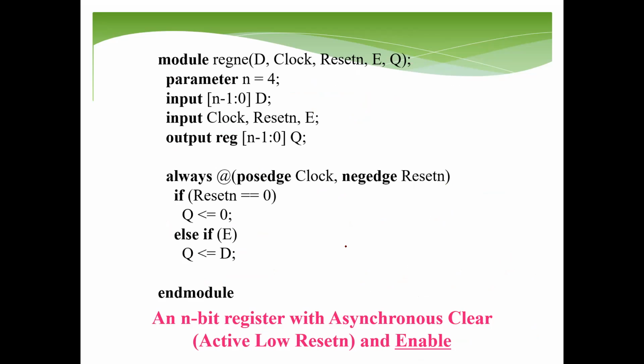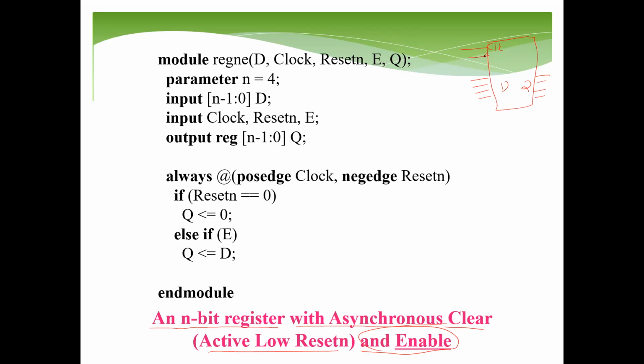Okay, what do we have here? We have an n-bit register with asynchronous clear, active low, that's the same code. What's the difference? We have an enable signal to this register. So let's say you have 4-bit, so you'll have 4 input D and 4 output Q. I have a clock signal.